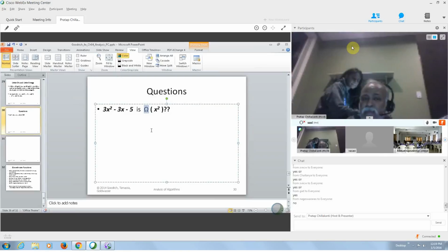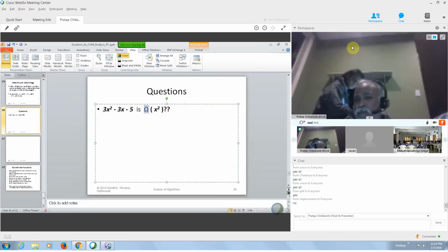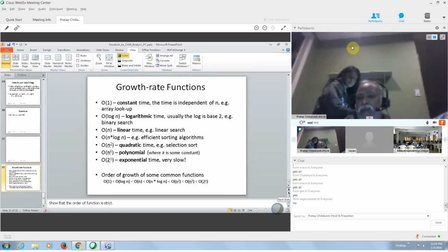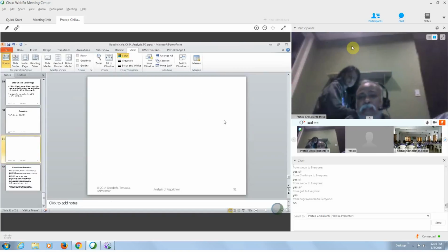Omega tells me whether the left side is greater than or equal to the right side. That is the omega notation. If I put the theta sign instead, then that will become equal to. So in this case, what is the answer? You don't have to answer now, but it is there for you to answer at some point. I don't know why I had an empty slide there.